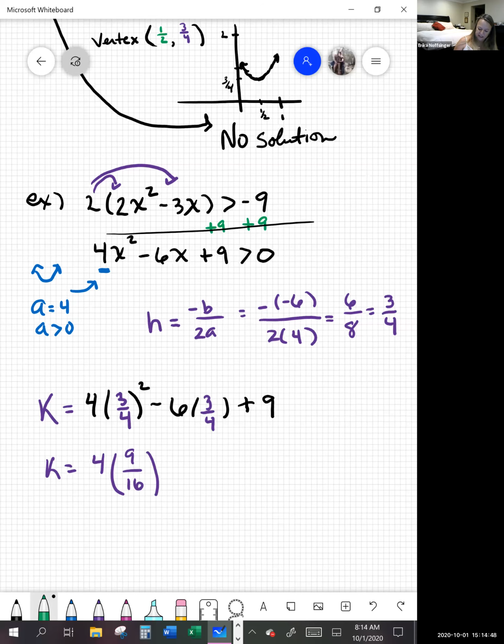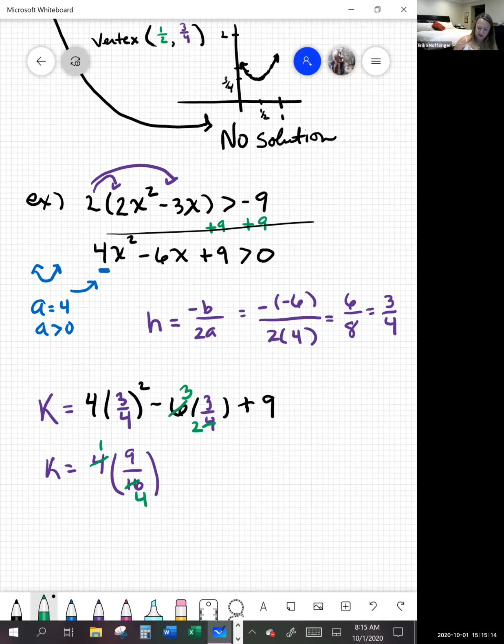Before we go over, let's just simplify now, so I know what my common denominator may have to be. 4 goes into both of those, so I'm left with 9/4. And I notice here there's no exponent on the 3/4, so I can start simplifying. 6 is in the numerator and I have 4 in the denominator. They both have 2 in common.